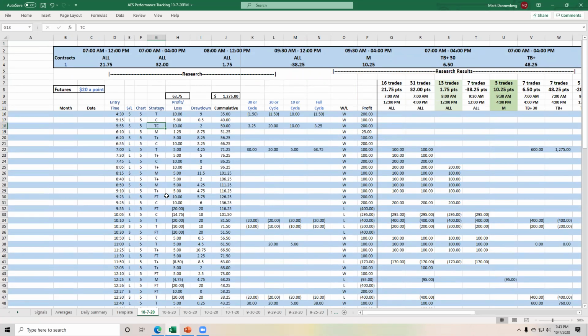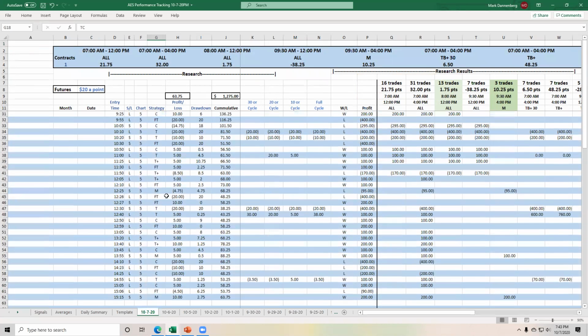Back at 5:55 this morning. Anything that is a trend trade defined by the adaptive entry system, we're tracking what we actually did on that, and then we're also tracking, well, what would happen if somebody was holding for 30 points, not 10 points? What happens if somebody was holding for 20 points?